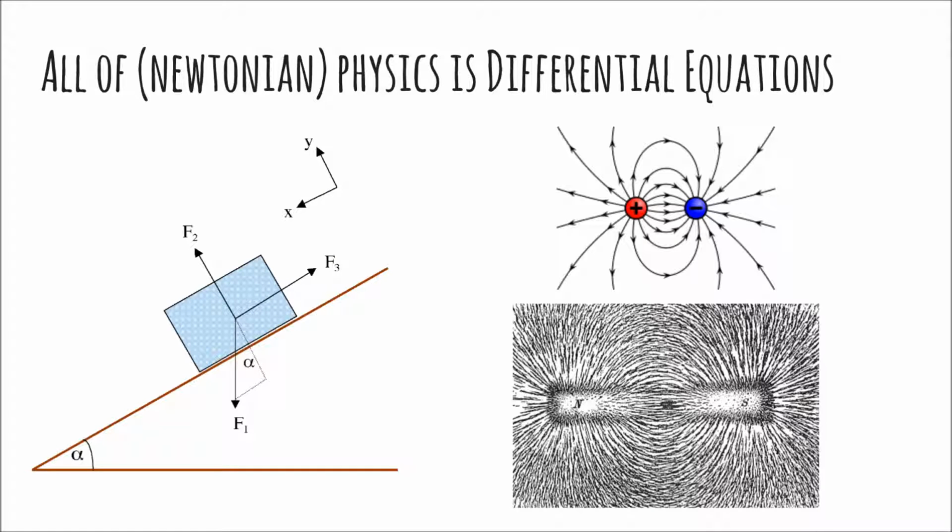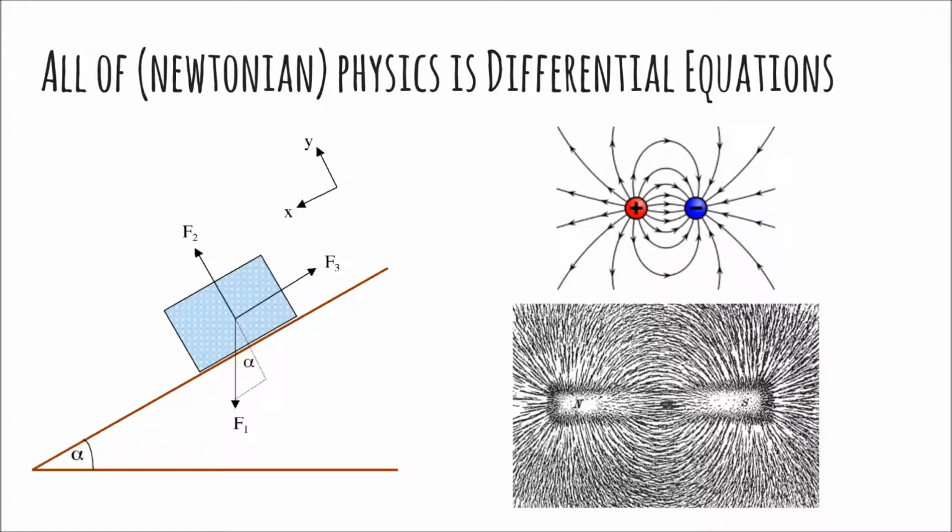All right, I just wanted to mention here that all of physics is differential equations, or at least all of Newtonian physics is differential equations. Forces affect the acceleration, force equals ma, and acceleration is the second derivative of motion.